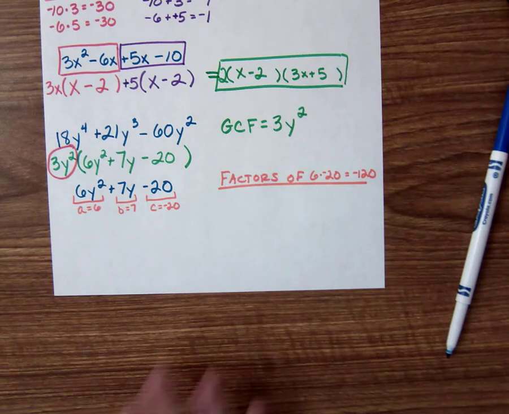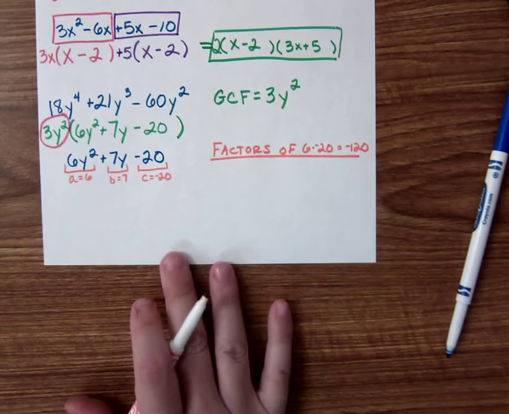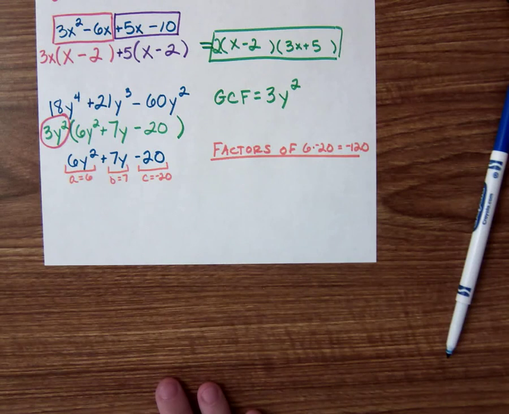I need two numbers that I can multiply together to get negative 120, but when I add them, I get 7. So what it tells me when I have such a big multiple and then the sum is so small, multiply for negative 120 but add for only 7, is that my two numbers need to be close together. Something like negative 120 and 1 is not going to work because 120 and 1 is nowhere near 7. I need numbers that are really close together.